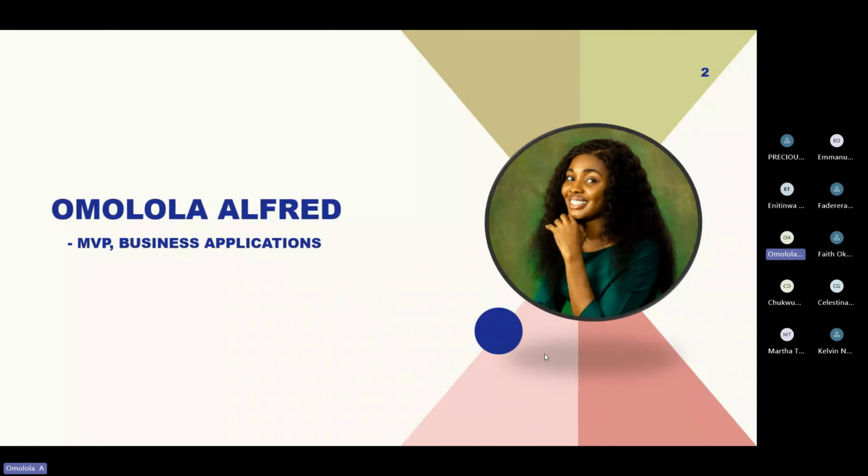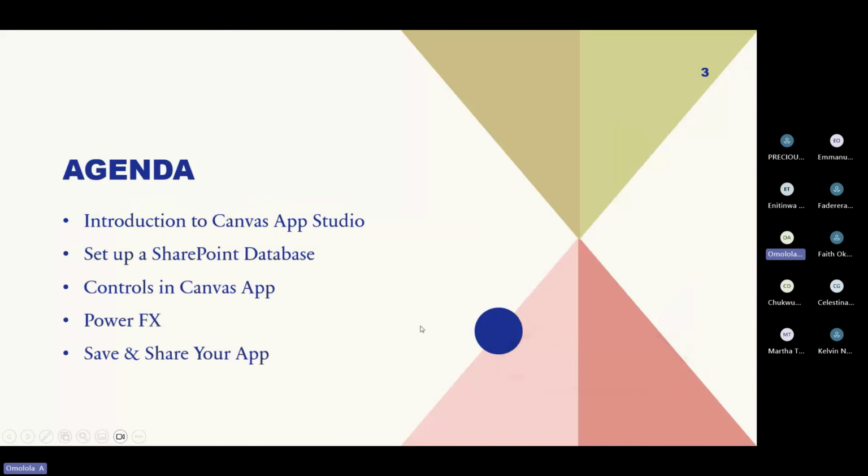When Carolina was teaching last week, she mentioned that we have two different types of applications that you can build using Power Apps. One is the model-driven application that she has taught. Another is Canvas app.